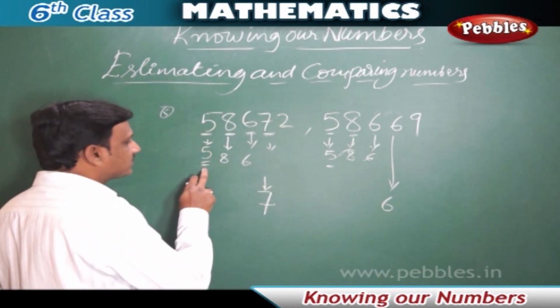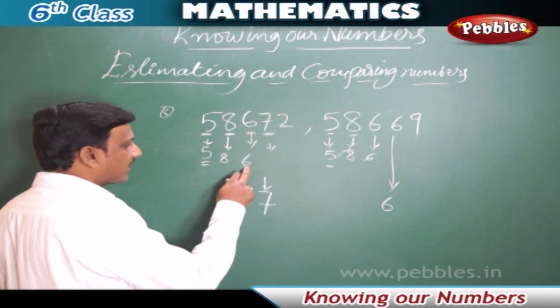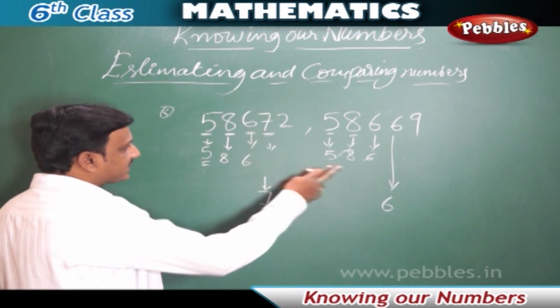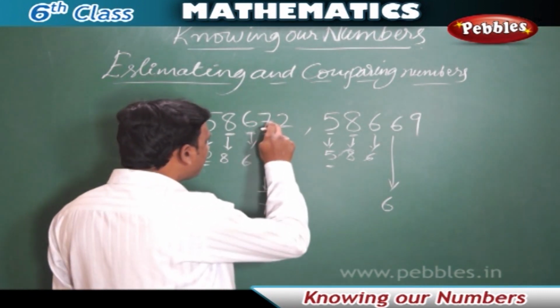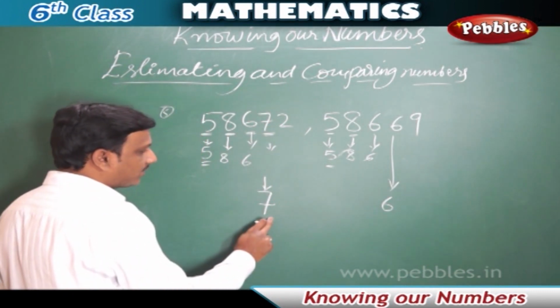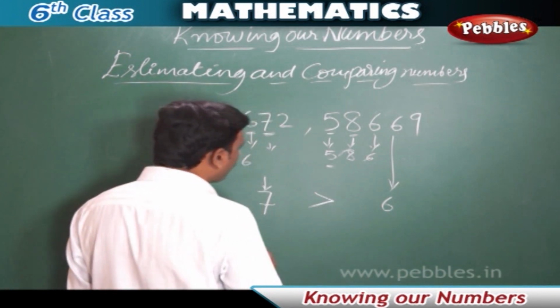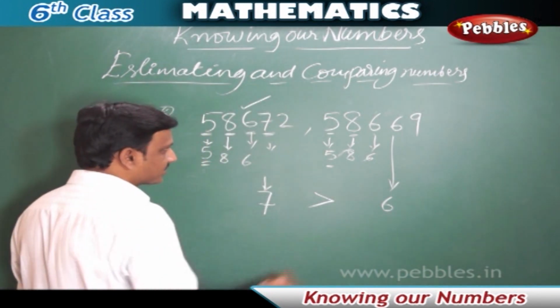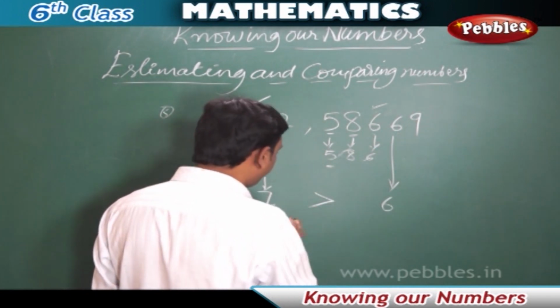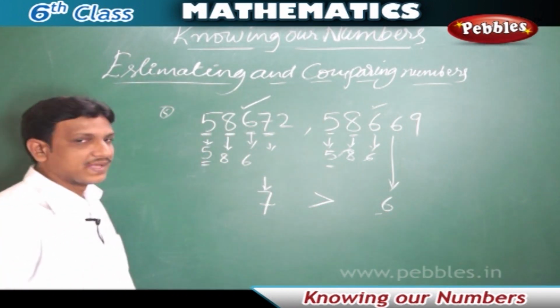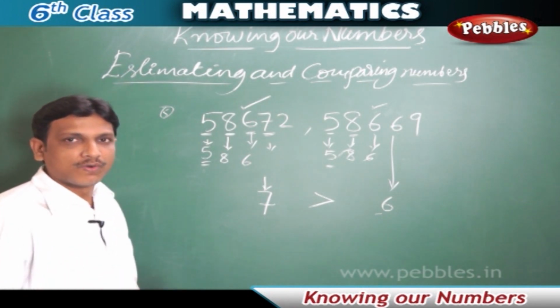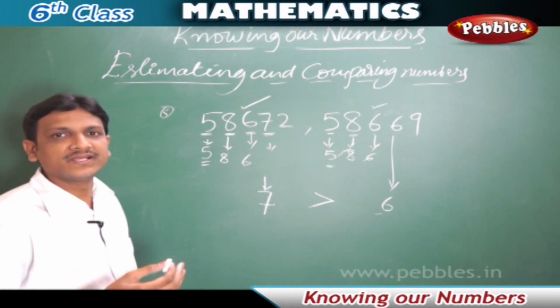Till here in 10,000's place, thousands place and hundreds place, in both the cases we find the same number, but in tens place this is a bigger number compared to this. So this number is greater and this number is smaller because 7 is greater than 6. So in this way we can compare the numbers and find which is smallest and which is the greatest among the given numbers.